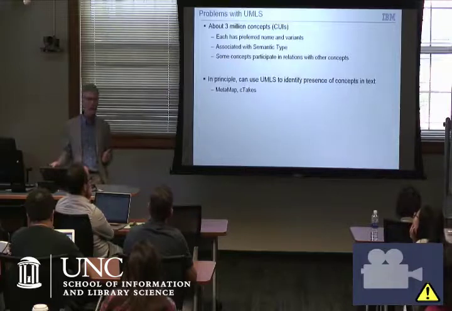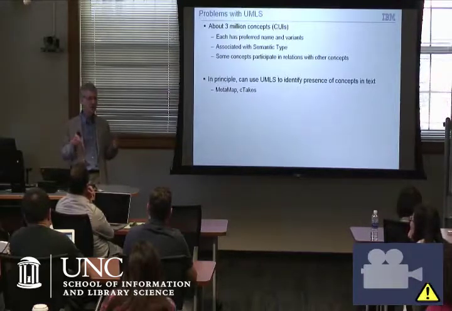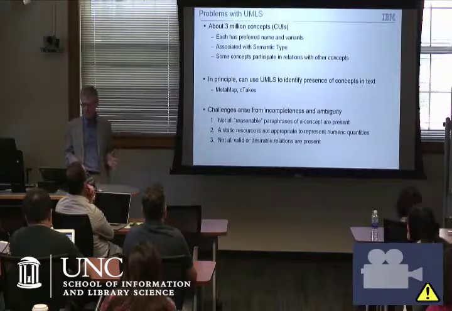There are well-known systems that people use. MetaMap is one, cTAKES is another, and I'm sure that there are others. In order to annotate, I'm using that in the system sense, not the human sense, to run an annotator on your text and determine where the locations are of these concepts. And that's what these systems do.